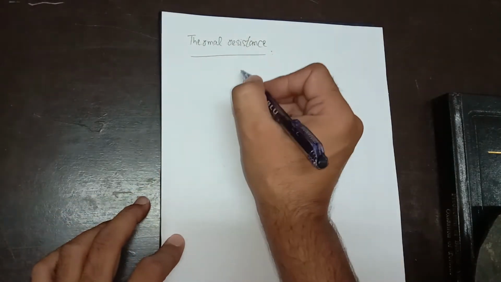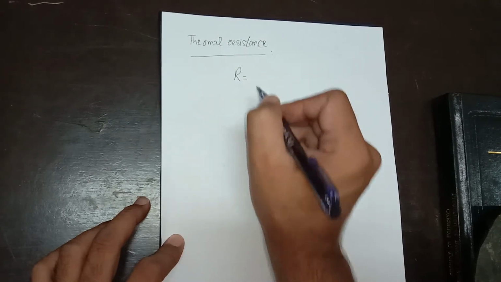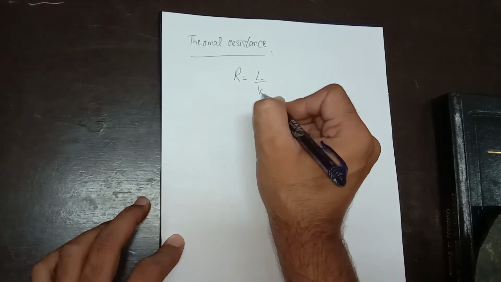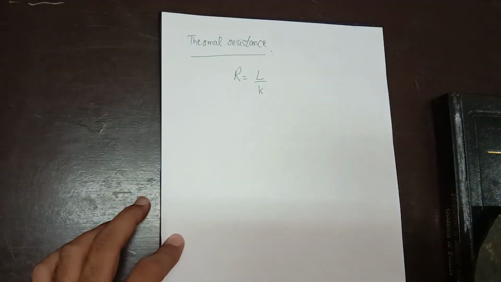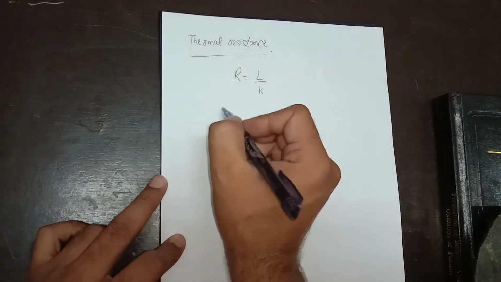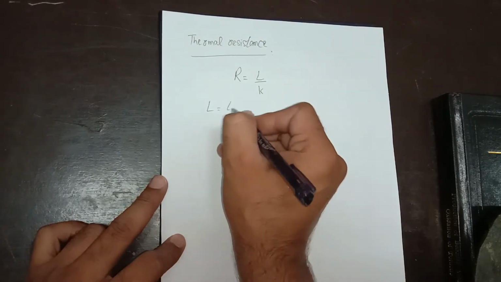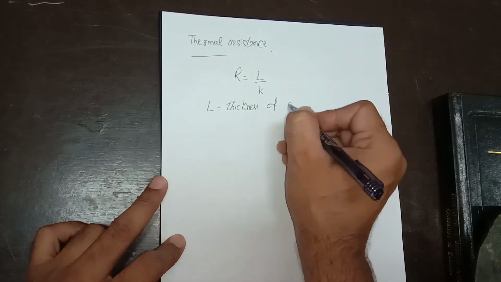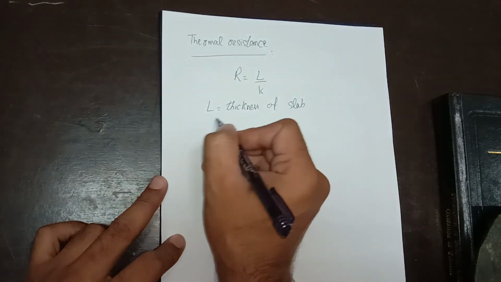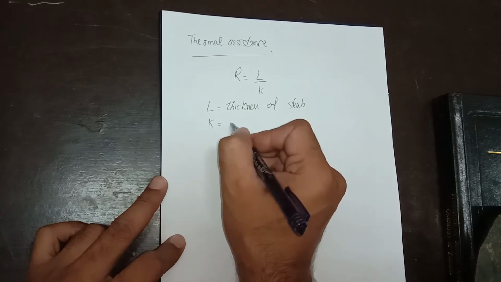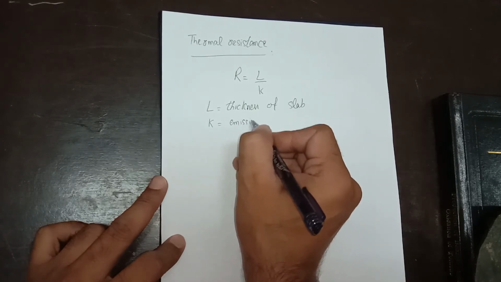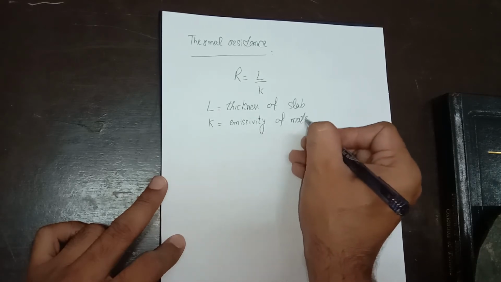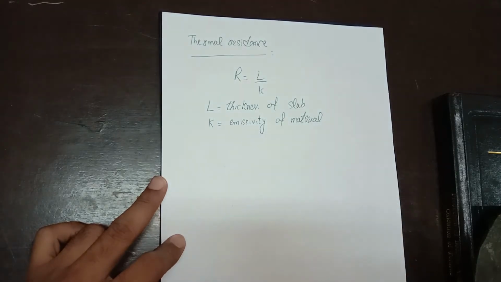Thermal resistance is given by R equals L per K, where L is the thickness of the slab and K is the thermal conductivity of the material of which the slab is made.